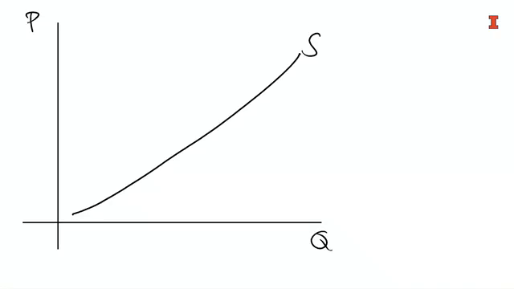If you were to have a change in price for this product, there would be a change in quantity supplied moving along this curve, because this curve was constructed to show how much quantity the firm is willing to sell for different possible prices.